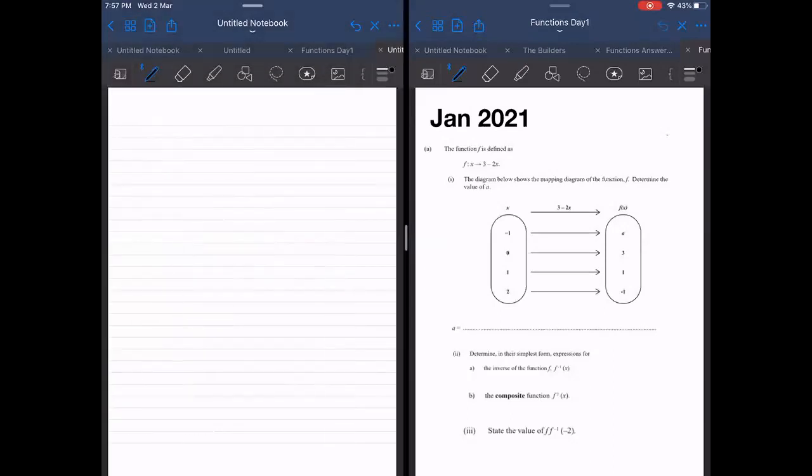All right, so let's look at adding and subtracting our positive and negative numbers.